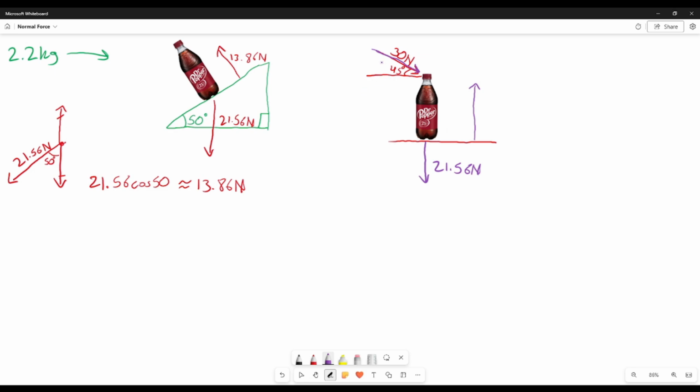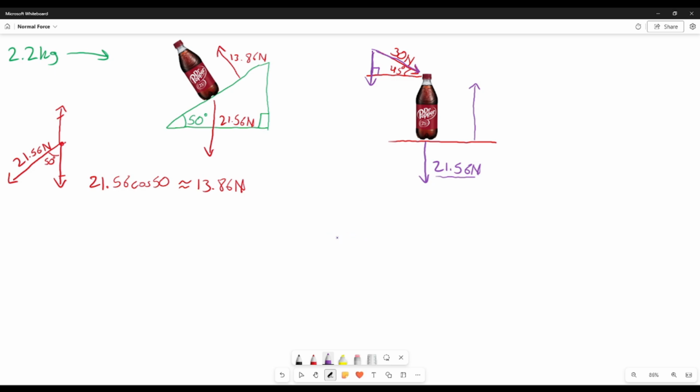Now I'm applying a downward force because I'm pushing down and to the right, and the bottle already has a downward force because of gravitational acceleration. So what this means is I need to find this vector right here, and once again this is a right triangle, and then add it to this vector, which is the weight of the bottle.